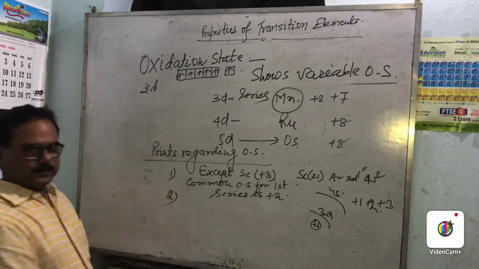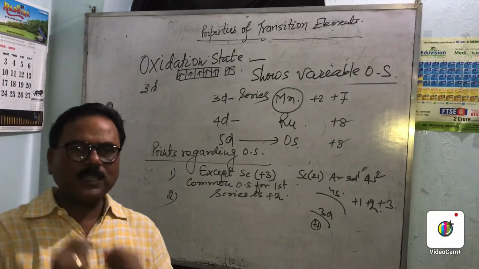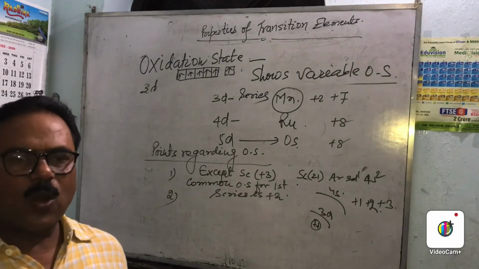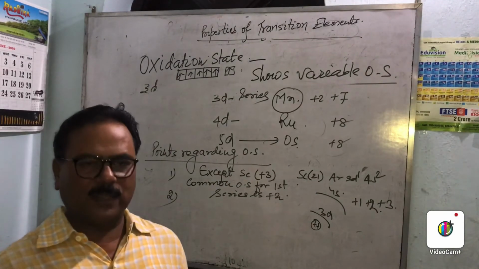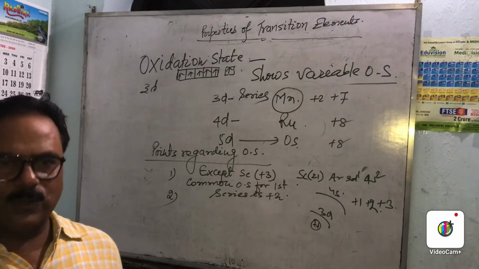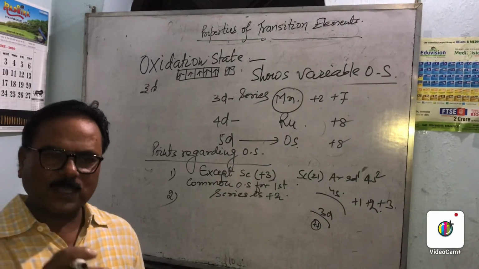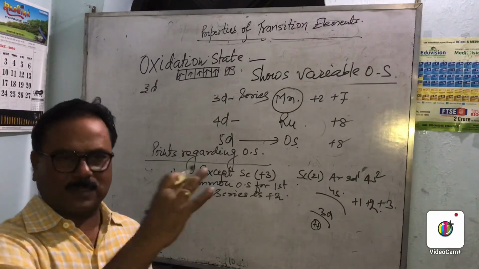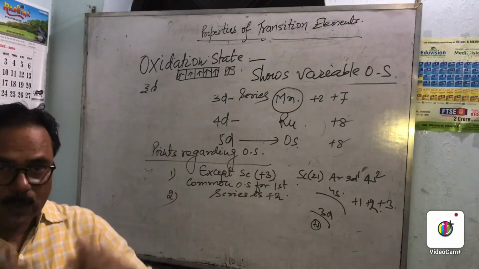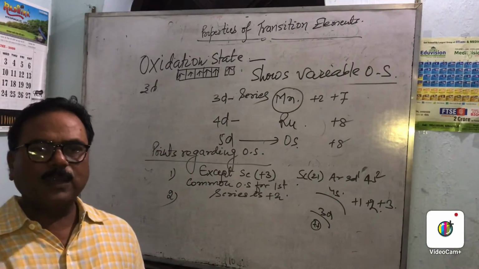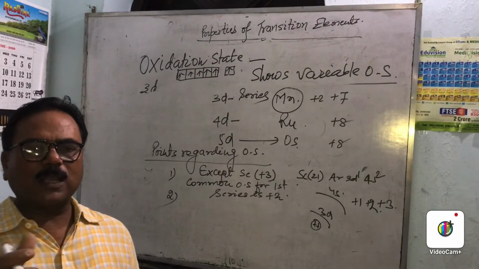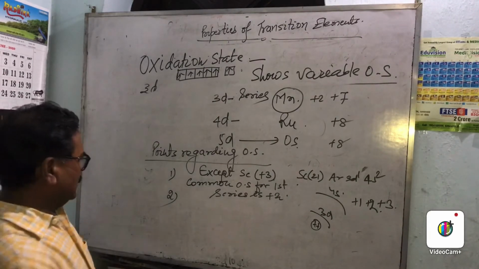Second point: the variability in oxidation state of the transition elements is by 1 unit. You have always seen +1, +2, +3, +4, +5, +6, +7. But when we talk about the p block elements, they show variability of 2 and 4.